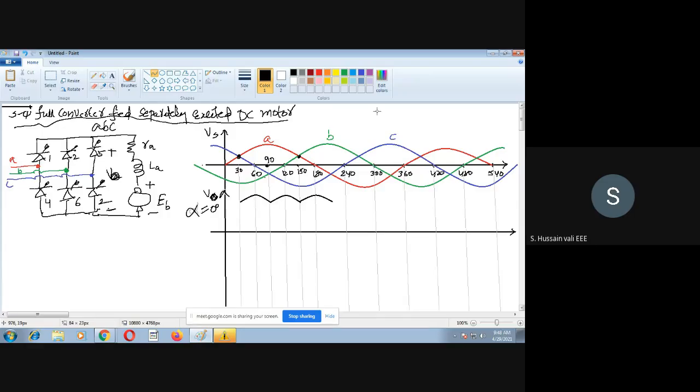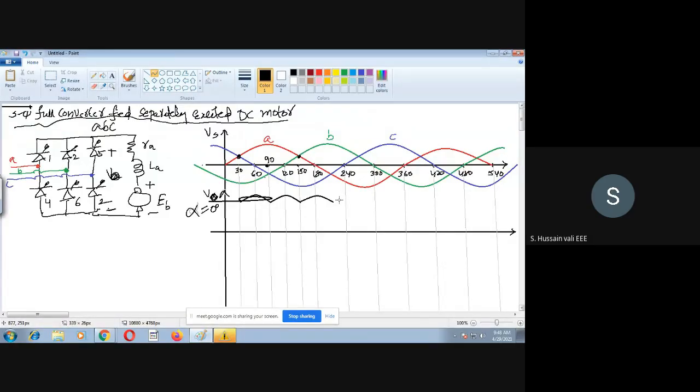That is the only difference. There is no other difference, and all the remaining things are the same. The remaining also we can draw like this.